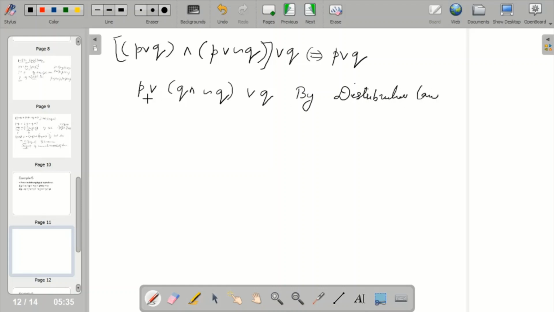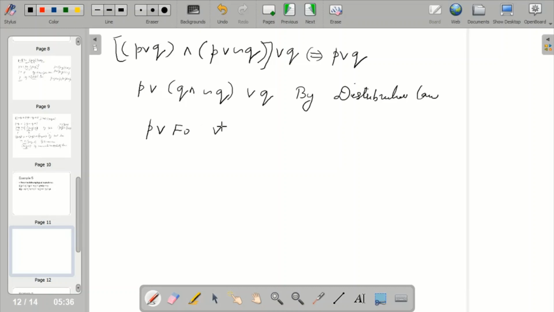Again here it will be P or Q and negation of Q. Can I solve this? Q and negation of Q will give you what? You know what it gives: P or f naught. Q and negation of Q, according to inverse law, P and negation of P will always give you f naught.